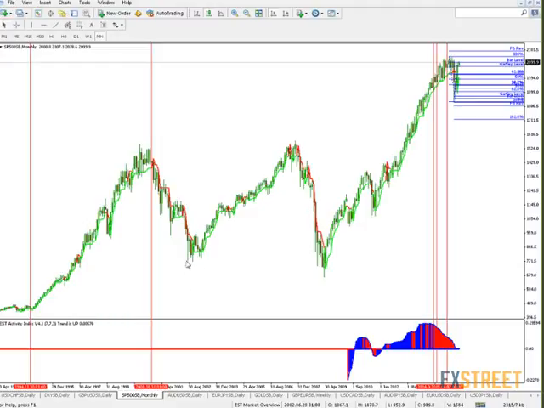We got this move down to around about 50%. Technically, quite an important level. Certainly, WD Gann would tell us all about the 50% level being really quite important. And then we had the rally on up, which surpassed the previous high. Only just. There we are. Look at that.